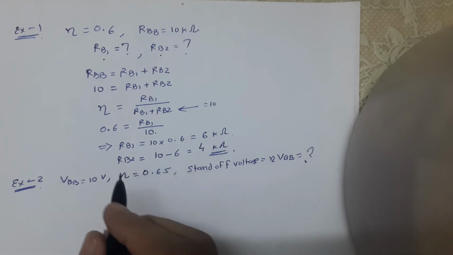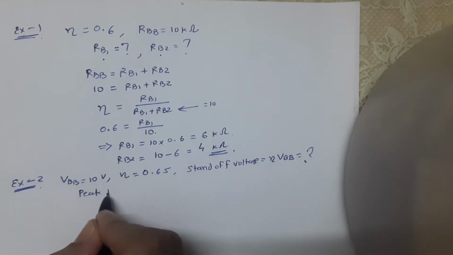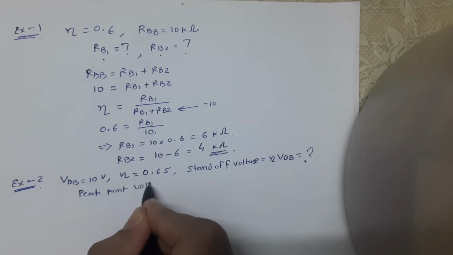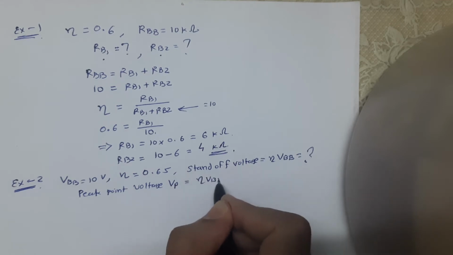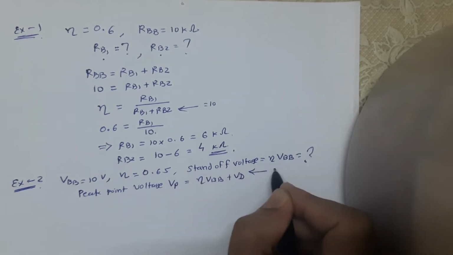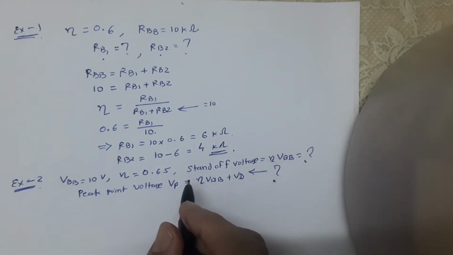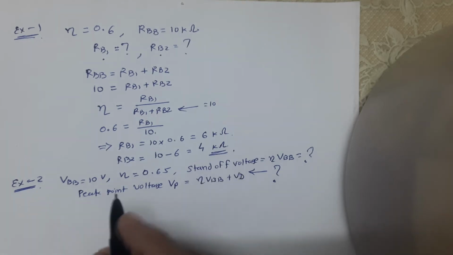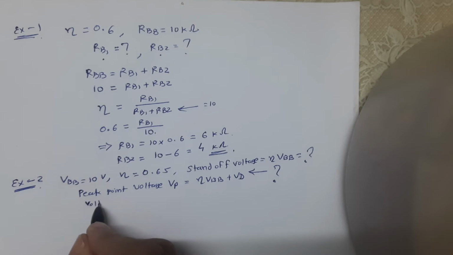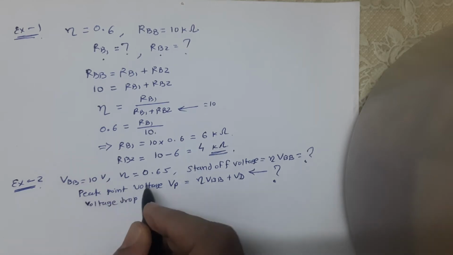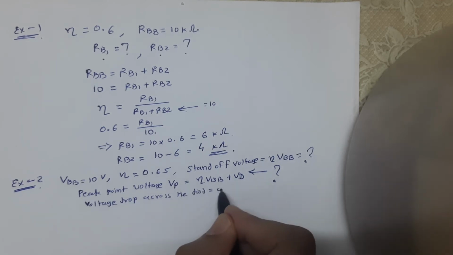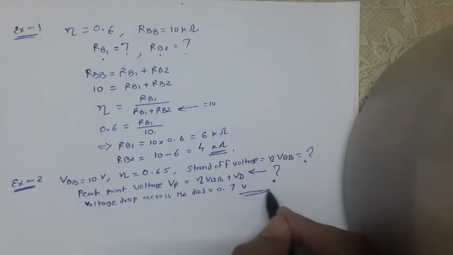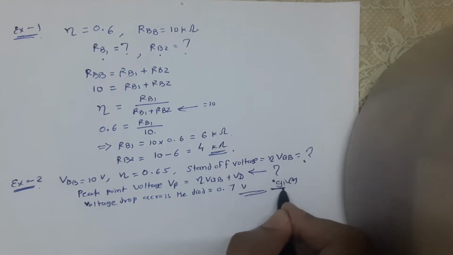Also we want to find out the peak point voltage Vp, which is equal to eta VBB plus Vd. Here the voltage drop in the PN junction diode is 0.7 volt. So the voltage drop across the diode is equal to 0.7 volt. This is given.